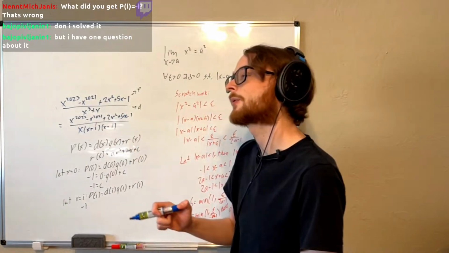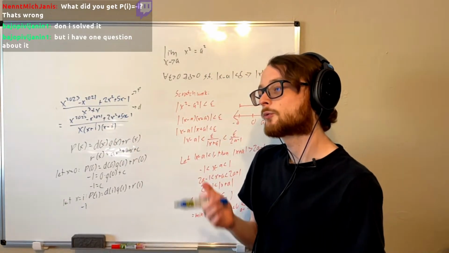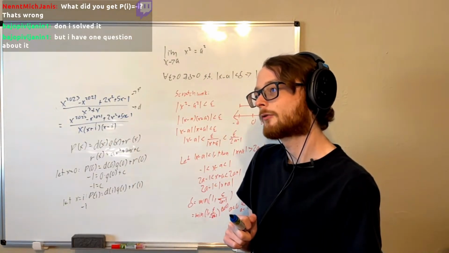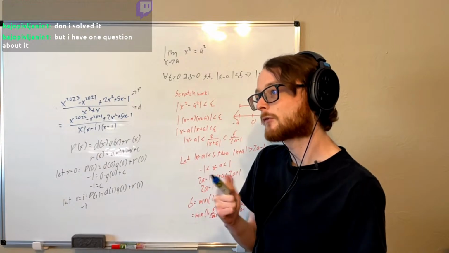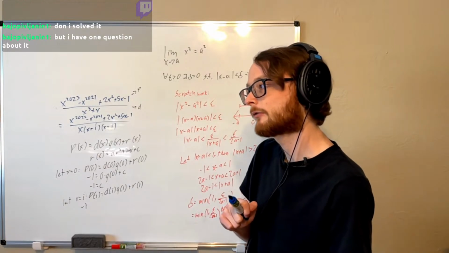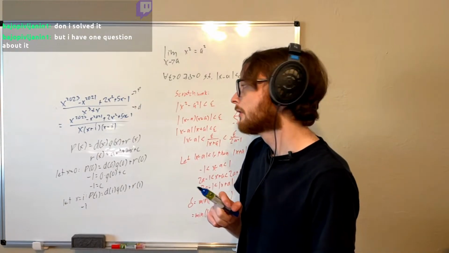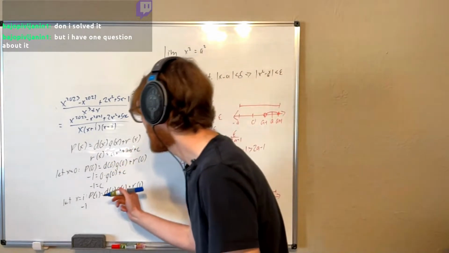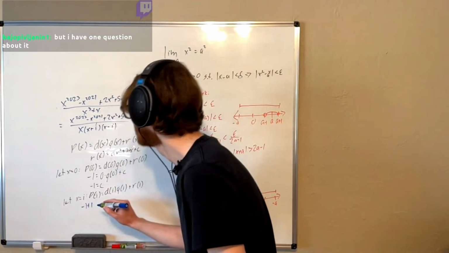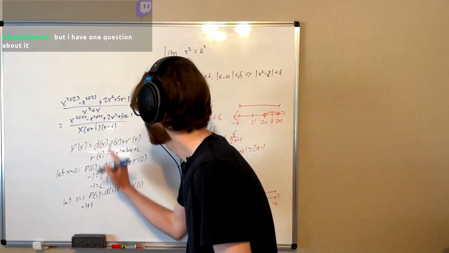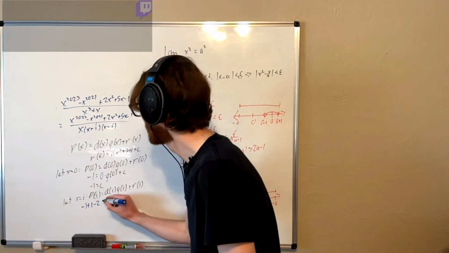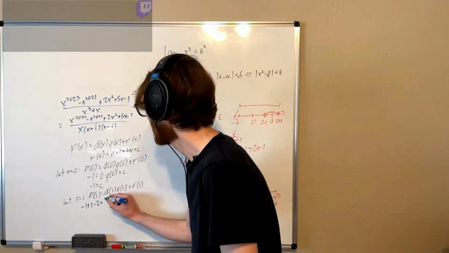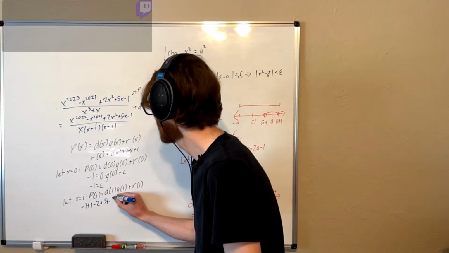I to the 2021, well, 2020 is the closest multiple of 4, so if we go one after a multiple of 4, it's like squaring it. And so I squared is -1, minus -1 is +1. And -2. Plus 5i minus 1.